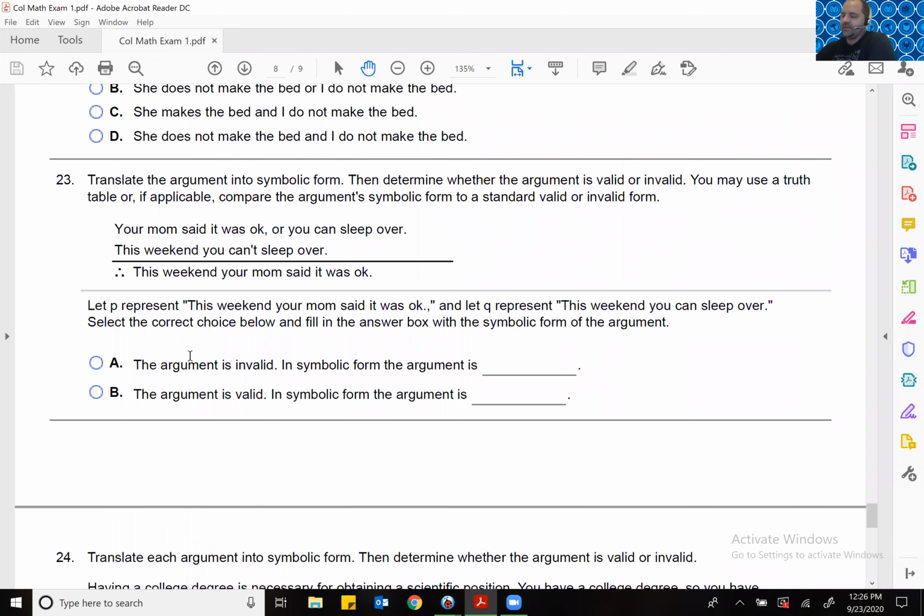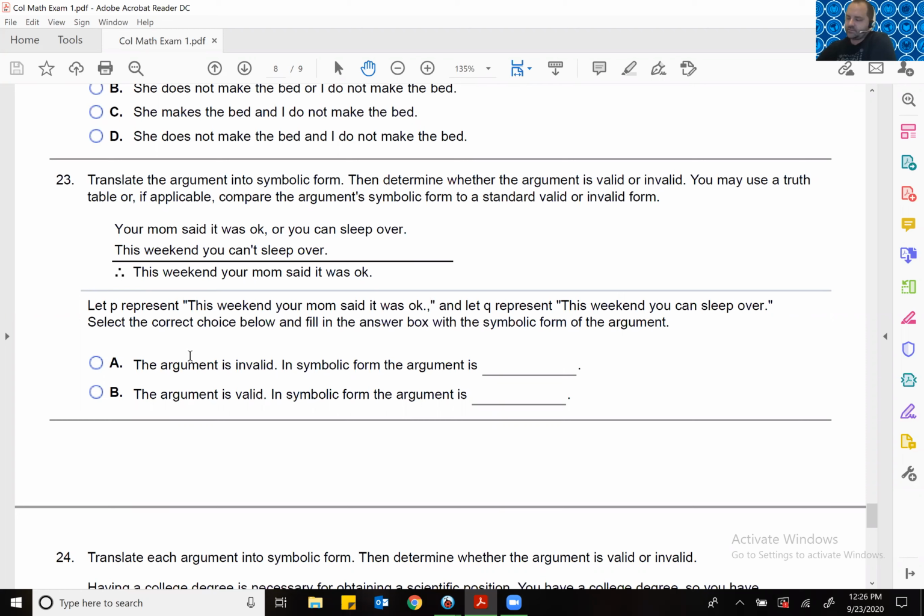So this one wants us to know about the argument, okay? It says, your mom said it was okay, or you can sleep over.